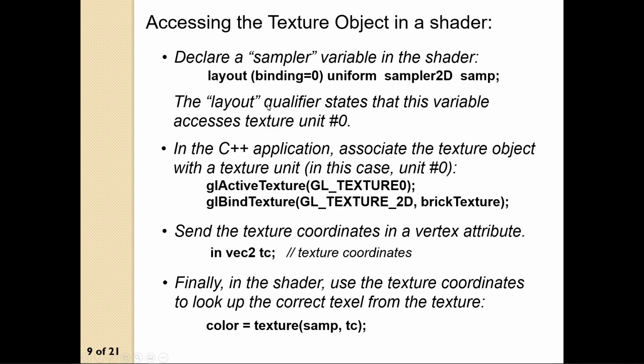The layout qualifier states that this variable accesses texture unit 0. Binding equals 0 means texture unit 0. And in here, we see texture 0, that is texture unit 0. So we activate that, we bind our texture to it.